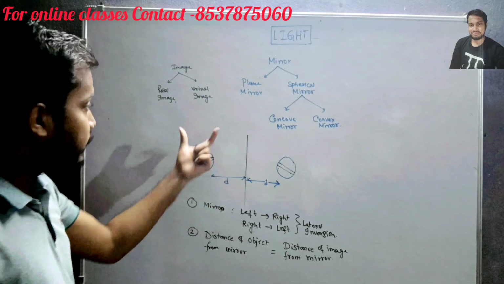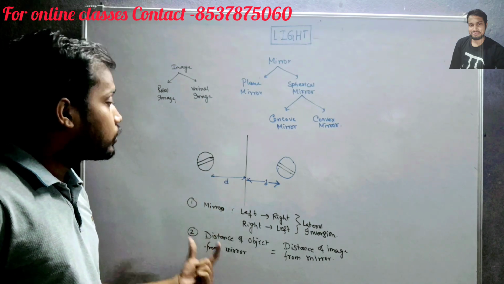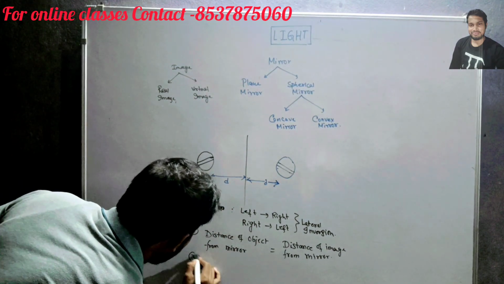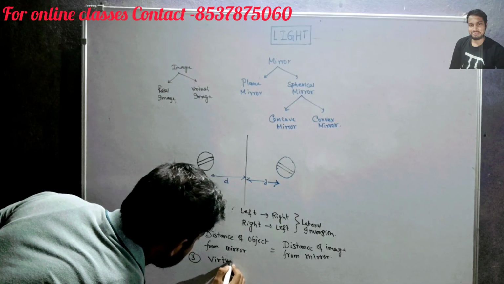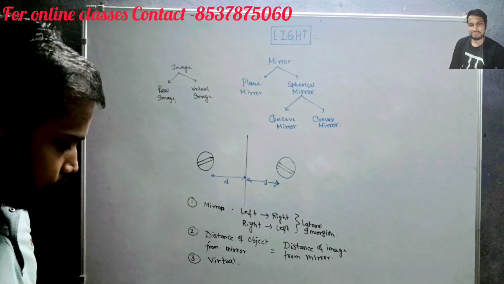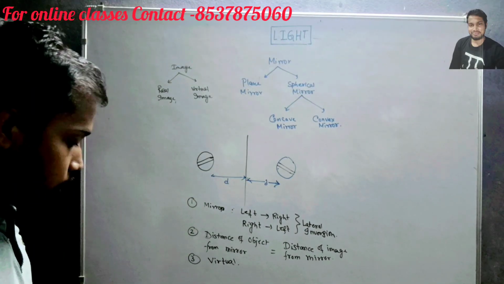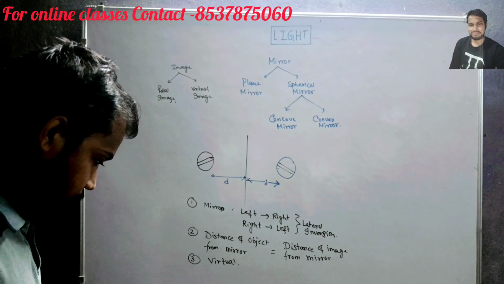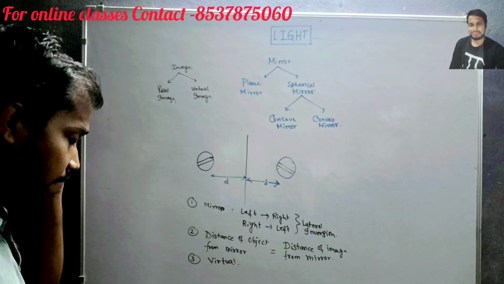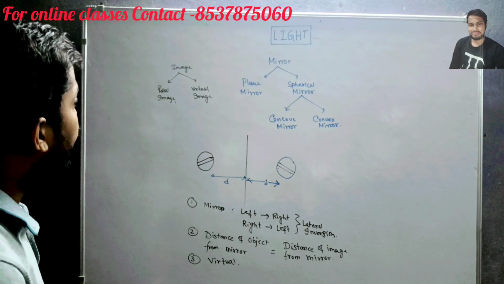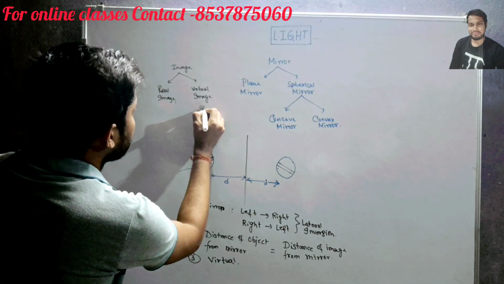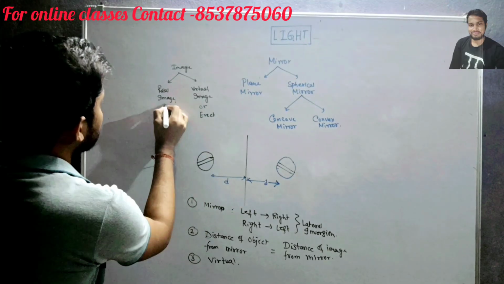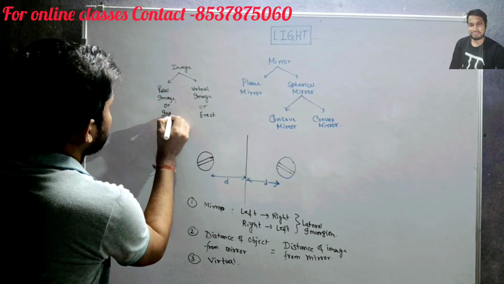In a real image, the light rays actually meet at a point. In a virtual image, the light rays don't meet; they are supposed to meet at that point. When we talk about the plane mirror, the image formed will be a virtual image. We have to know that a virtual image is always erect and a real image is always inverted.